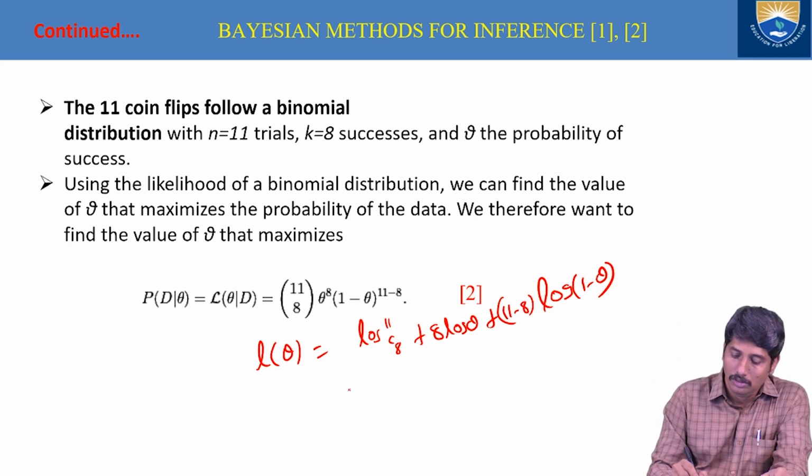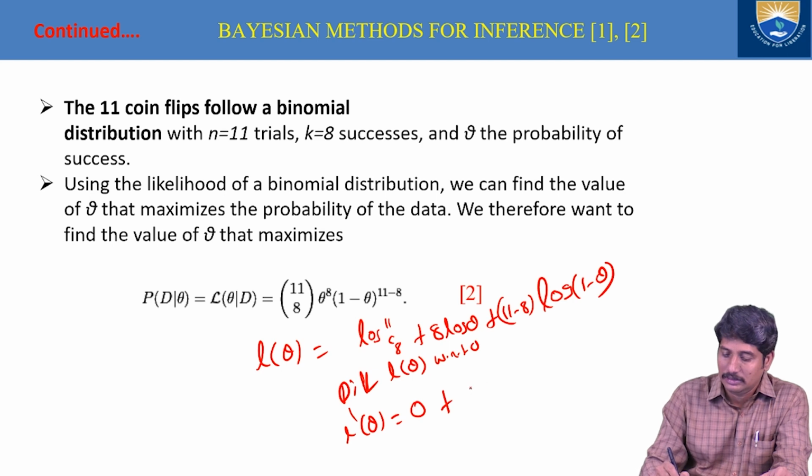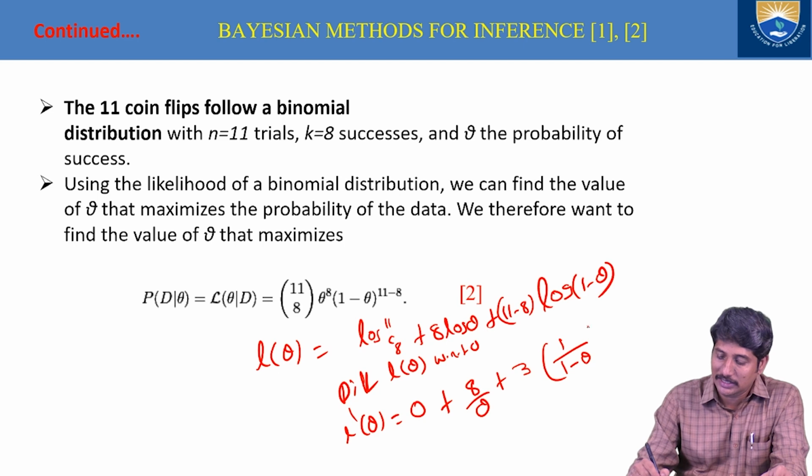Now differentiate l of theta with respect to theta. l dash theta is 0 plus 8 by theta plus 3 into 1 by 1 minus theta into minus 1.